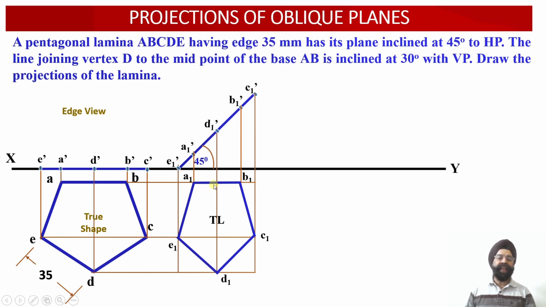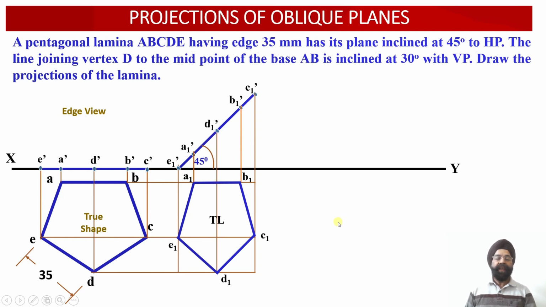But the special characteristic of this apparent shape projection is that we have been able to obtain the true length projection corresponding to this vertical projector line, which joins the vertex D1 with the midpoint of the edge A1B1. So this is the midpoint of the edge A1B1, and this is the vertex opposite to this base. So this edge is still the true length. Why? Because this line is parallel to the horizontal plane.